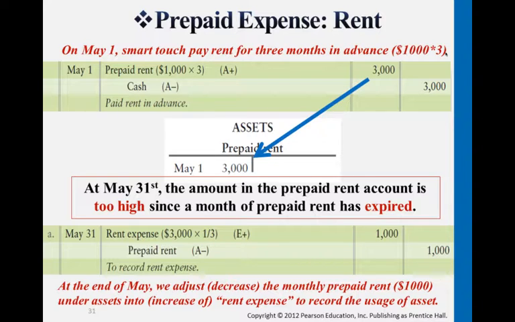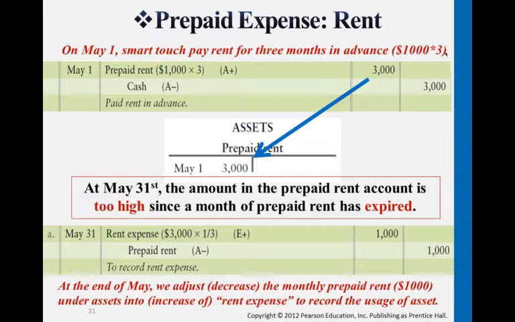For all the prepayments that we made earlier during the accounting period, those journal entries were already captured during the process, either at the beginning of the month or somewhere in the middle. We want to adjust the part that we already used up. For example, if it's supplies, we purchased $2,000 worth of supplies at the beginning of the month. At the end of the month, we want to reevaluate how much the supplies we still have in the business are worth.